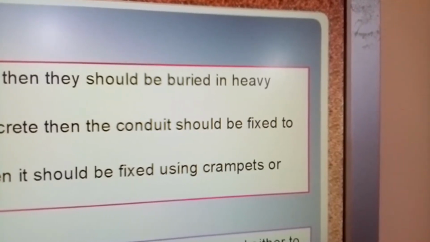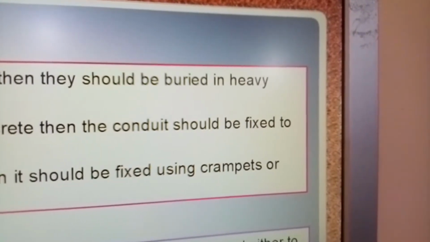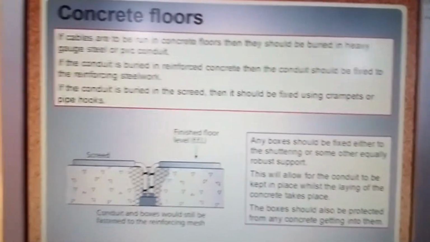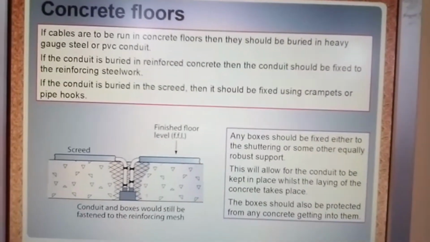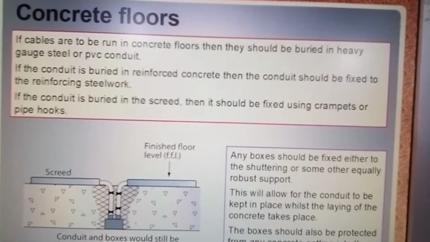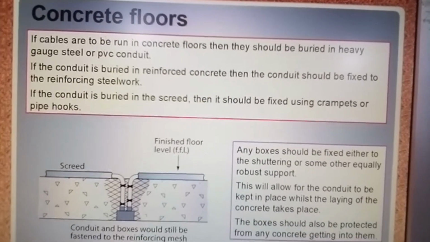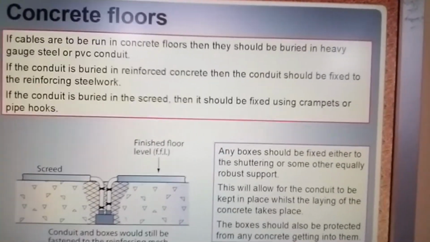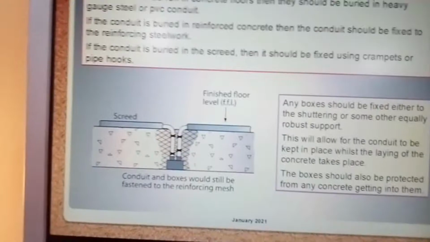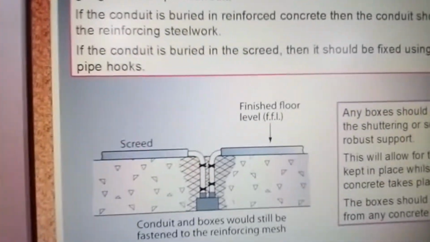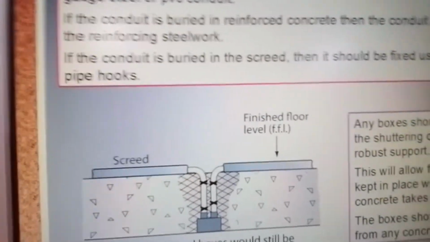If the conduit is buried in the screed, then it should be fixed using crampets or pipe hooks. Okay? I'll show you how this is done, and this is how this is done, overall.